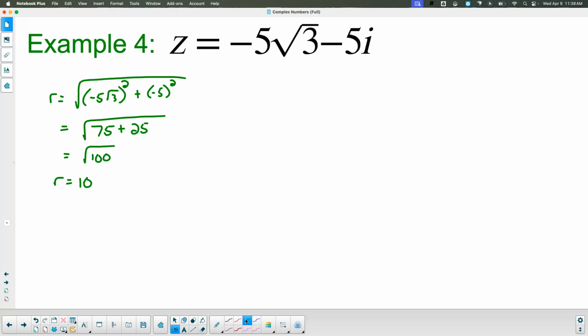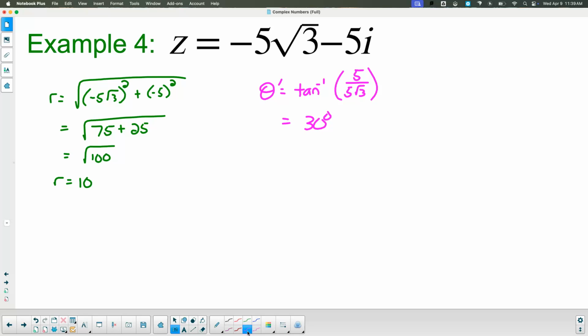I get an R value of 10. I get a reference angle value of 30 degrees.